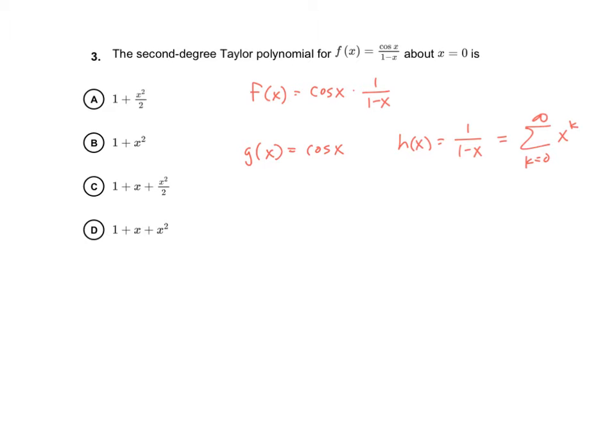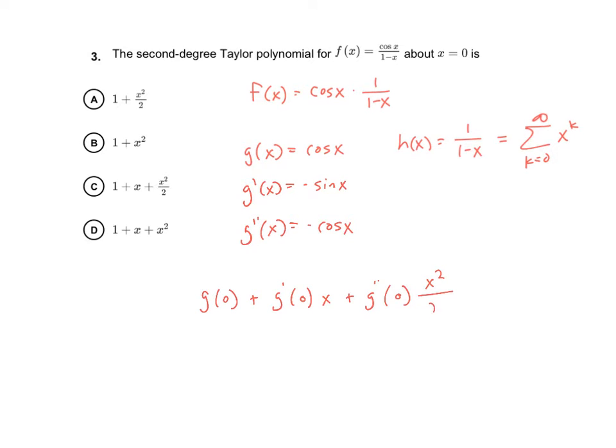Okay, so let's find the Taylor polynomial for cosine. So g prime is negative sine, g double prime is negative cosine. That's good enough. So now we're going to do g of 0 plus g prime of 0 times x plus g double prime at 0, x squared over 2 factorial.